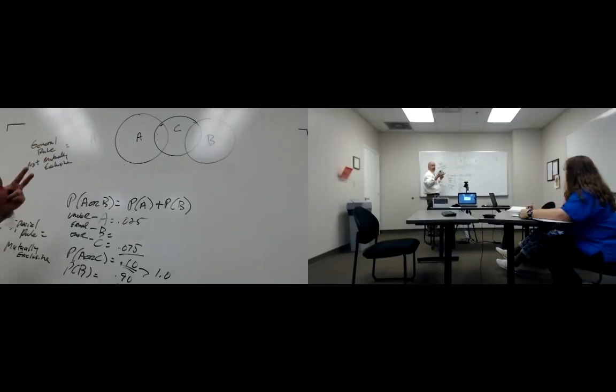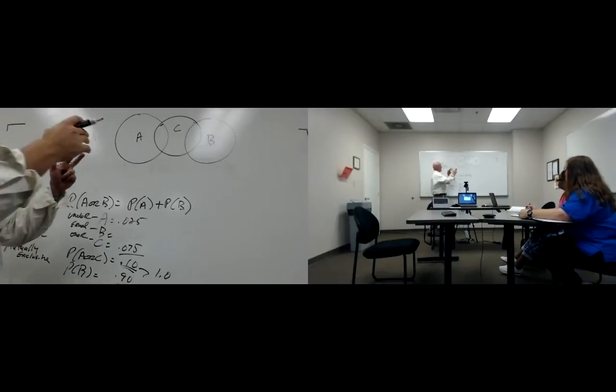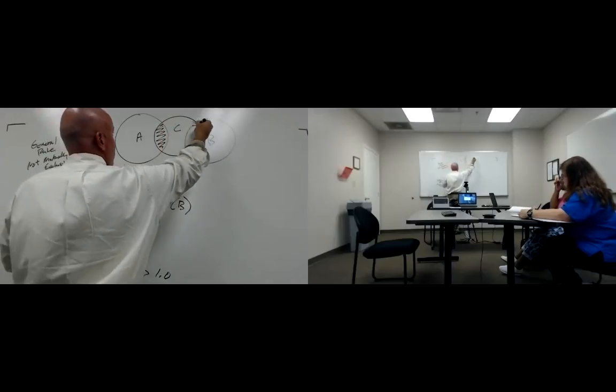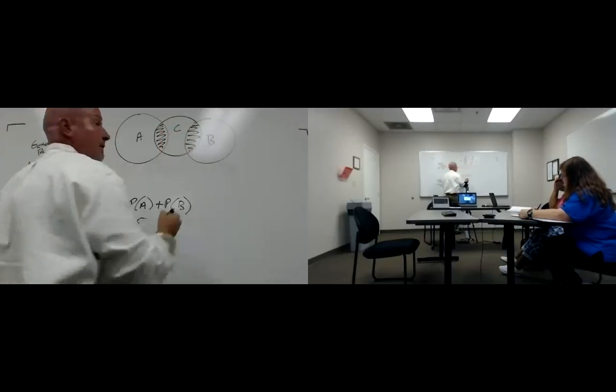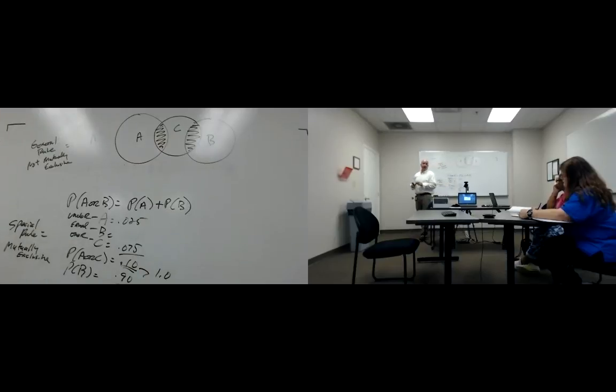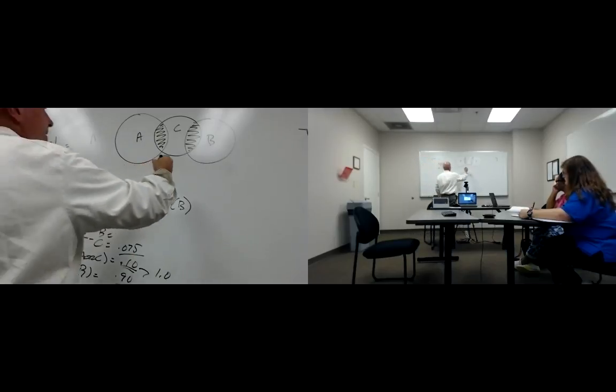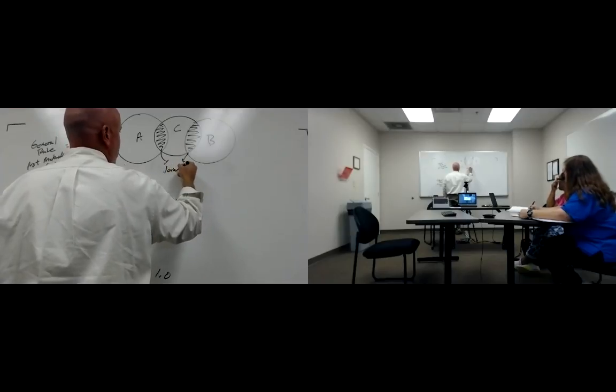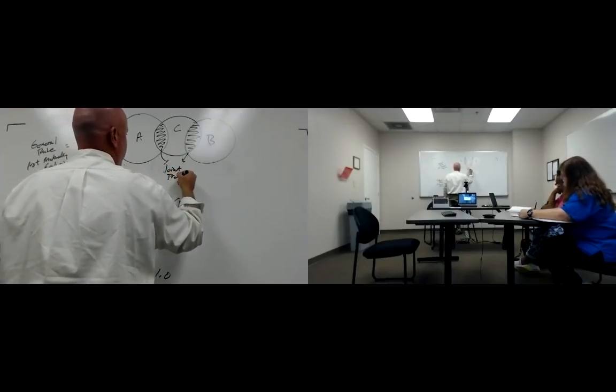Before I put C up there, I had 2 possible outcomes. Those were mutually exclusive. Now I put C up here and I have this overlap. Because of that overlap, I see it is not mutually exclusive. We define this area here, these 2 areas, as a joint probability.